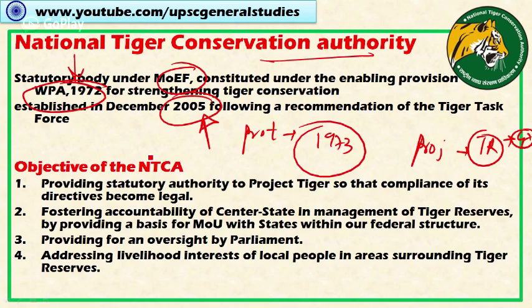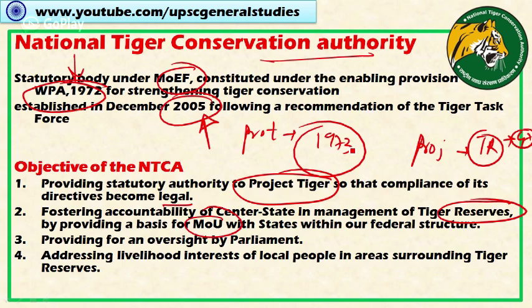The important objective of the National Tiger Conservation Authority is to provide statutory authority to Project Tiger, so that compliance with its directives becomes legal with the statutory authority. It fosters the accountability of the center and the states in management of the tiger reserves. It provides a basis for memorandum of understanding with the states within the federal structure for the conservation of tiger in the country.